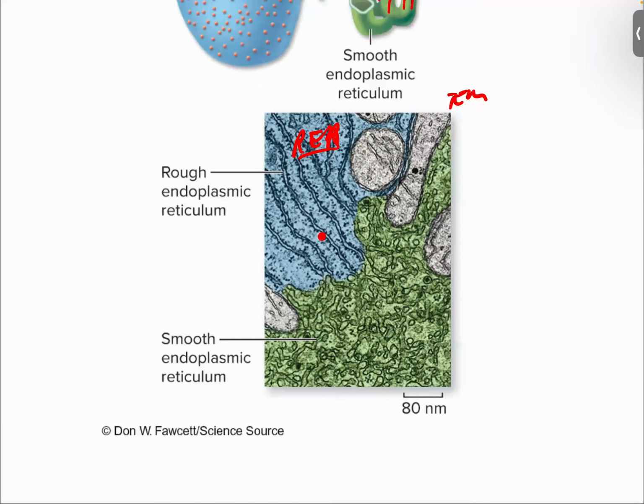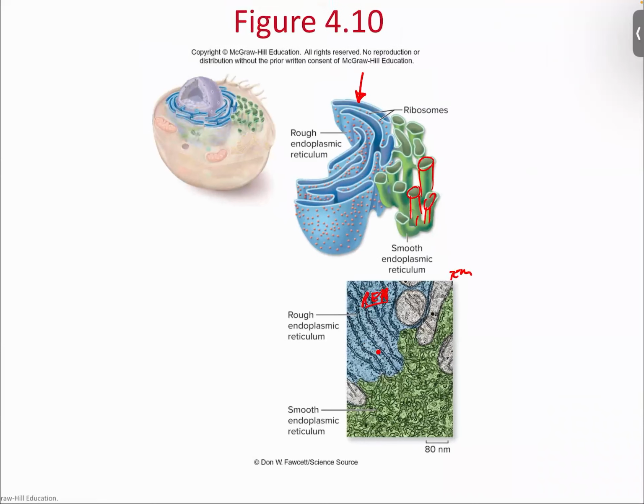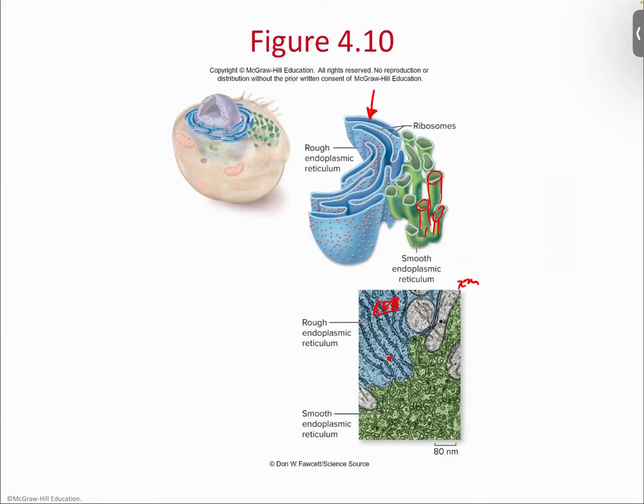And the other thing that is worth noting is the connection of the rough ER with the nucleus. If you take a look at the nucleus, you have an inner membrane, so here's your nucleus, and you have an outer membrane. But the outer membrane is continuous with the rough ER. So this is basically what it looks like. Essentially what's going to happen is you're going to have an evagination of the outer membrane of the nuclear envelope.